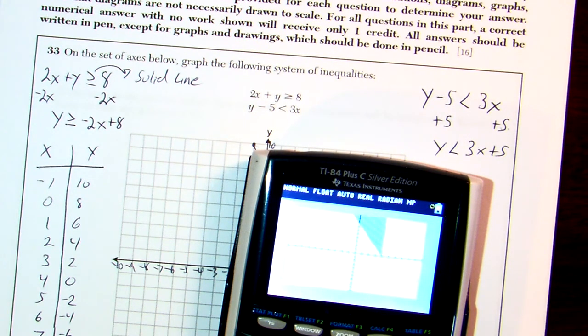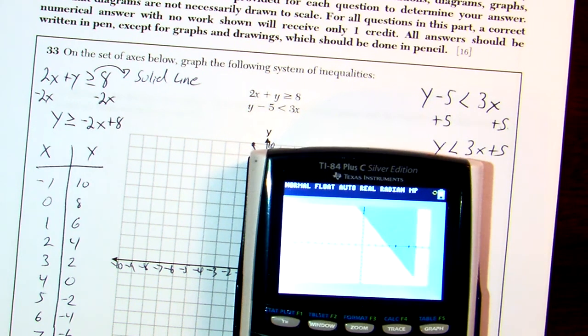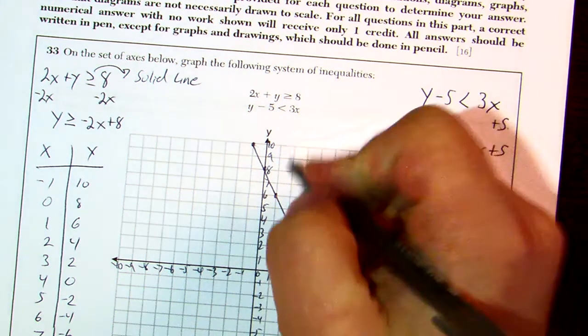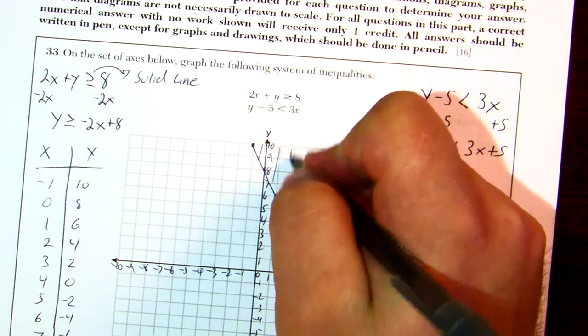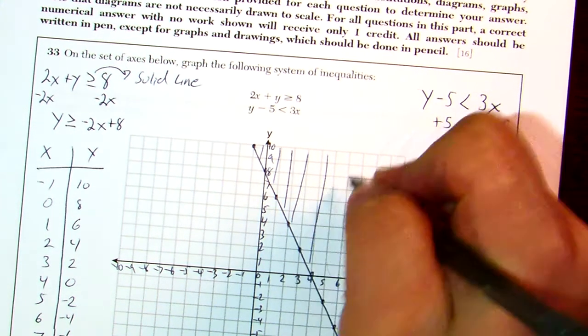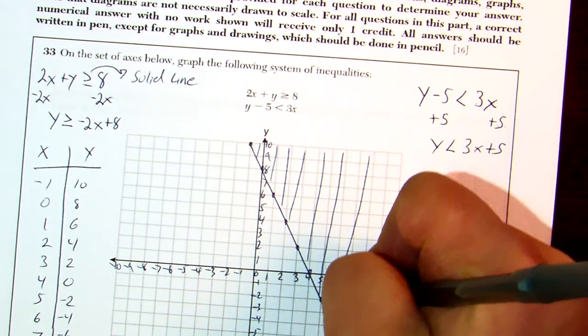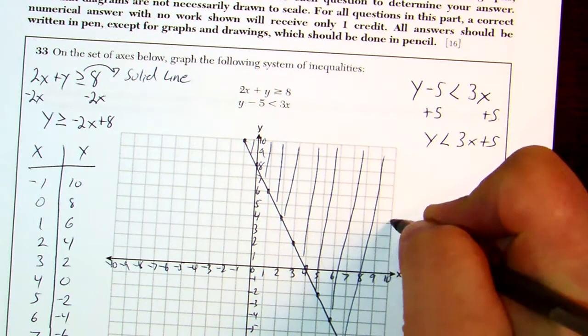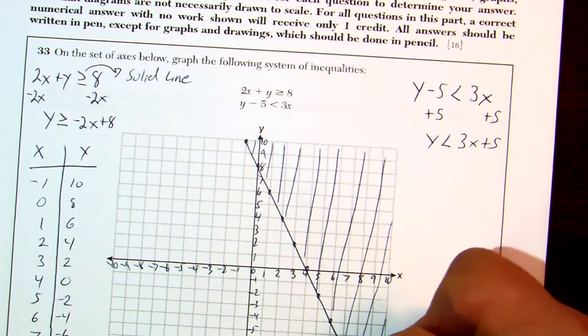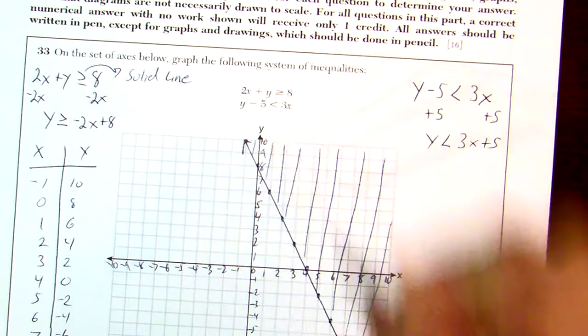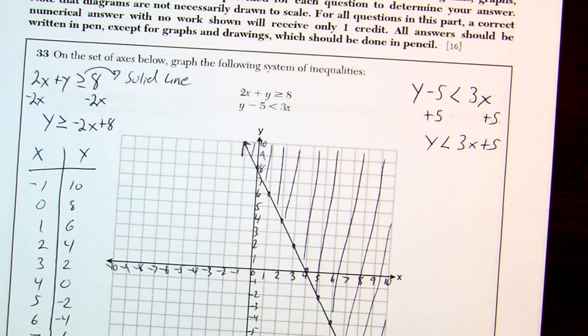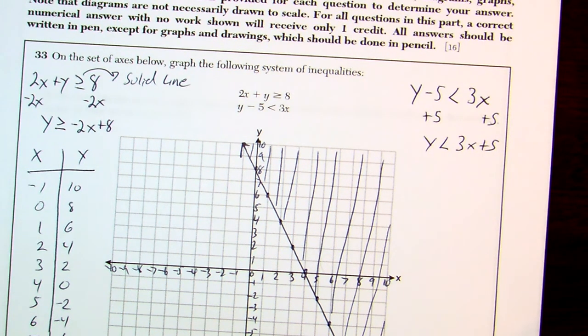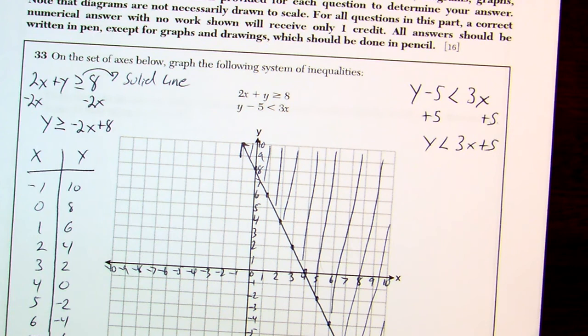So in this case, I'm shading up. Draw the lines best I can, just like this. Don't forget your arrows, because it does go on forever. Alright, and we can label it y greater than or equal to negative 2x plus 8.